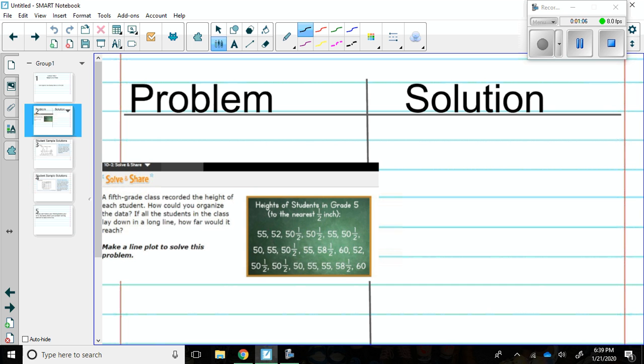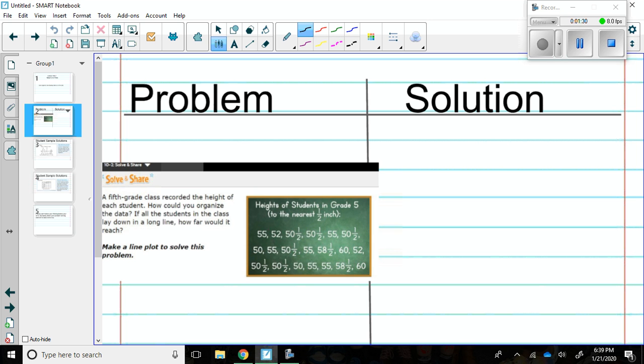Okay, so I'm going to reread the problem so I can help to visualize and make a plan to solve this. A fifth grade class recorded the height of each student. How could you organize the data? If all the students in the class lay down in a long line, how far would it reach? So first of all, this question kind of has two steps to it.